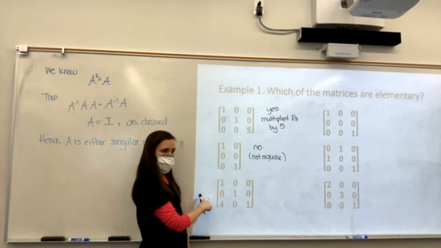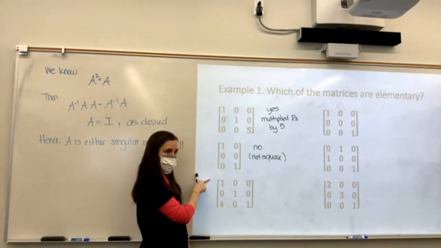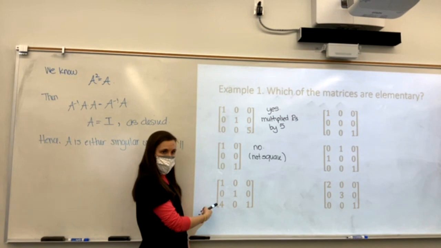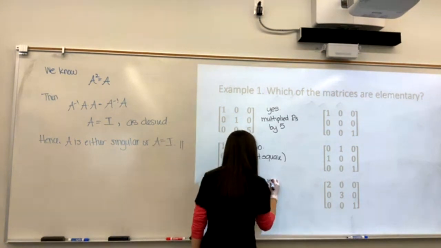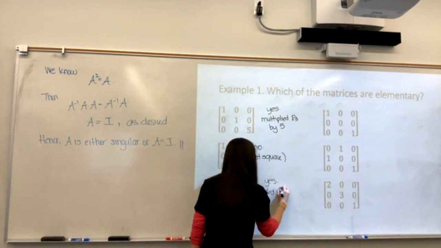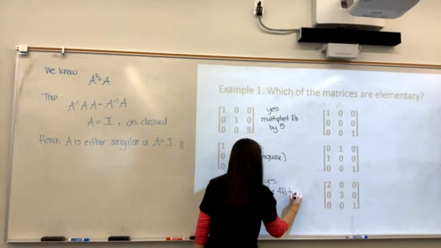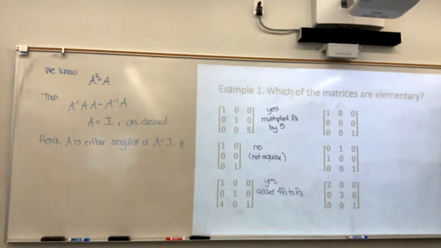What do we think? Yes. If I multiply row 1 by 4 and then add it to row 3, I get this one. Cool. So yes. We added 4 times row 1 to row 3. So that is an elementary matrix.